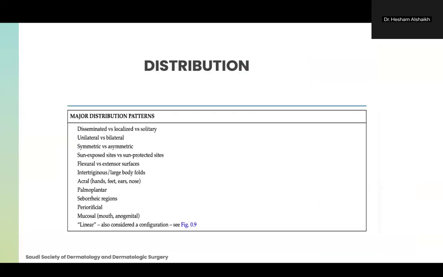The other part of morphology is distribution. You should look for if the rash is localized or disseminated, if it's unilateral or bilateral, and so on. So you can literally look at a skin lesion and let's say, for example, herpes zoster. It's a unilateral process. So whenever you see it in a linear or dermatomal pattern, you can think of herpes zoster.